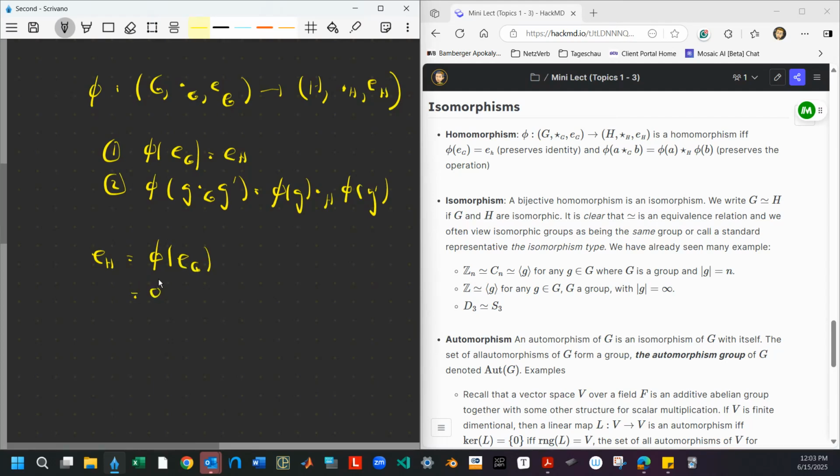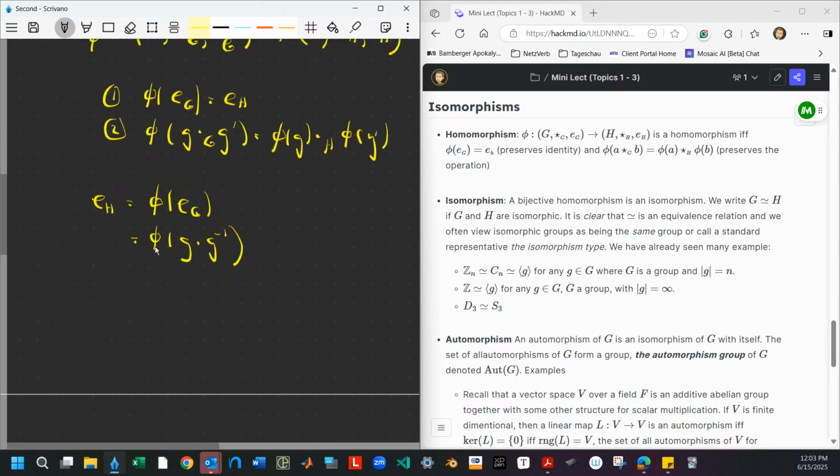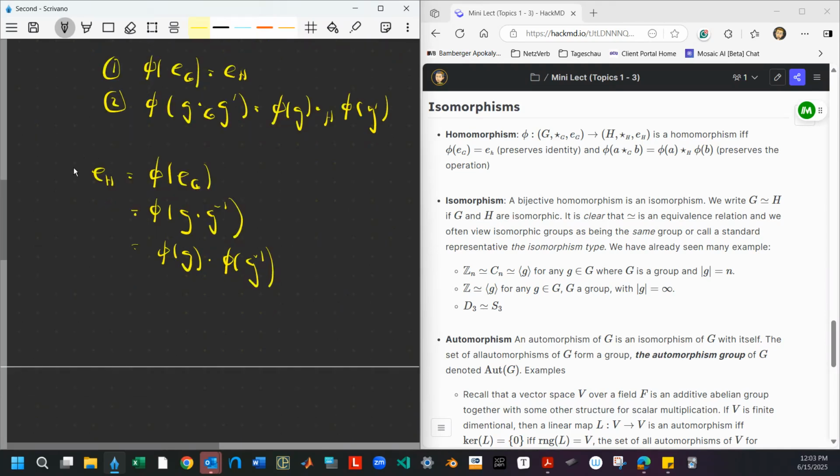And that is equal to phi of G times G inverse. I'll make a comment on that later, but this is equal to phi of G times phi of G inverse. And I could turn this around into the other direction.